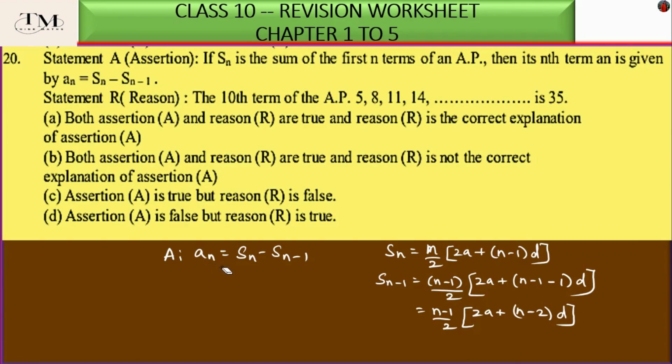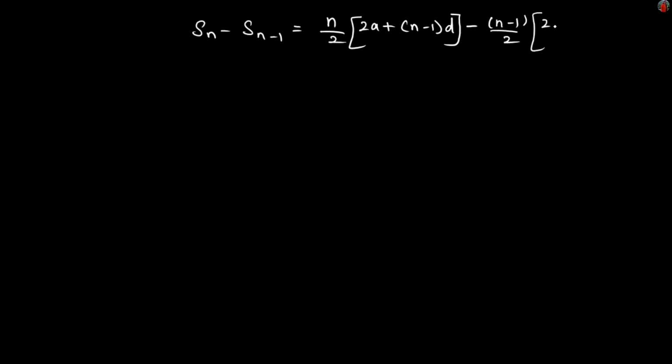So let us do that in a new page. Here Sn minus Sn minus 1. So Sn is n by 2, 2a plus n minus 1 into d, minus n minus 1 by 2, 2a plus n minus 2 into d.